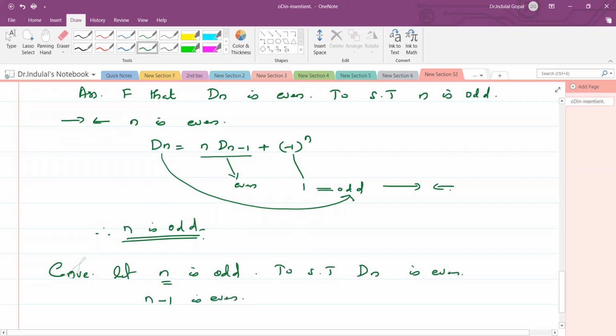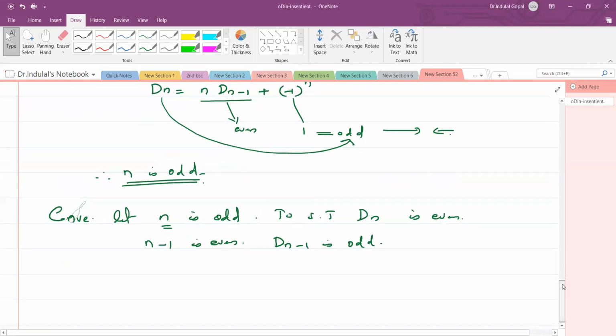And we showed that if n is even, then Dn is odd. So since n minus 1 is even, Dn minus 1 is odd. And again, use the above identity: Dn is equal to n Dn minus 1 plus minus 1 the whole raised to n.